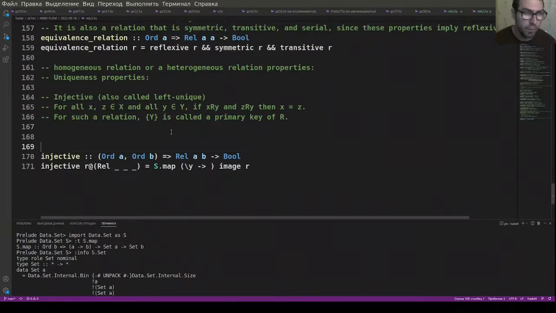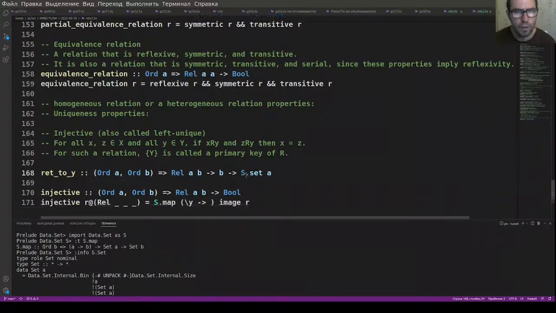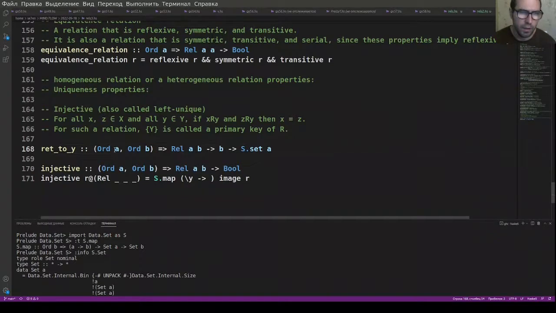So we need some helper function, relToY, which takes some relation and also the second element, and produces some set of type A. I think this will be the set of x's. And what is the definition?